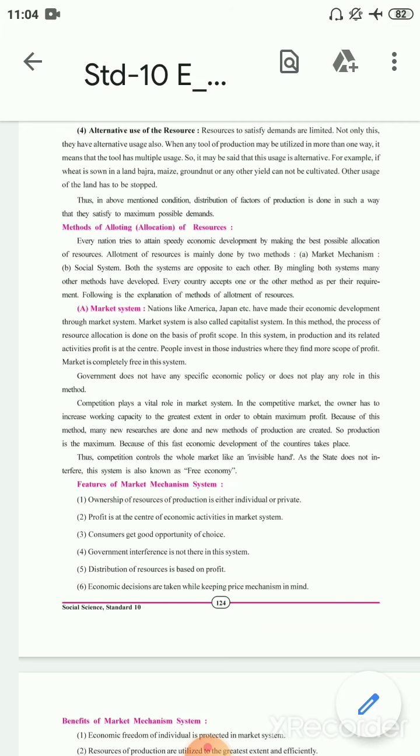That means while producing any commodity, the entrepreneur will make very clear that he must be able to receive more than he has spent. That is profit. And so in this system, in production and its related activities, profit is at the center. People will invest in only those industries where they find more scope of profit.